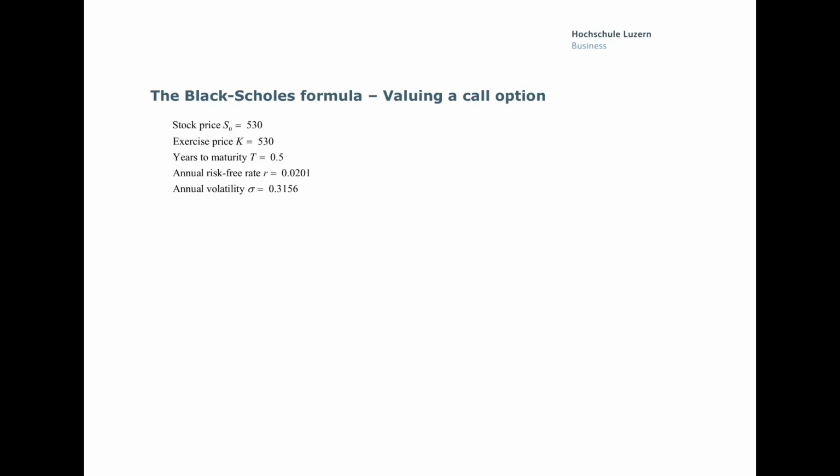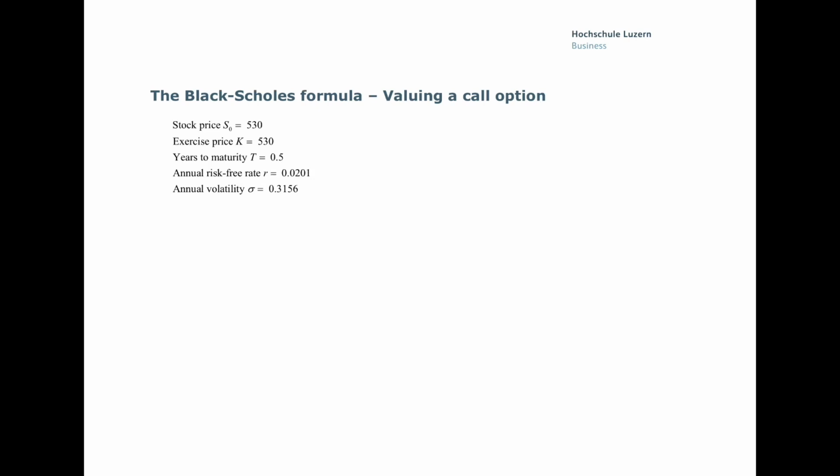Very often it is easier to understand a formula when we consider a specific example. For that purpose, let's assume the stock price and the exercise price are $530, which means the call option is at the money. Moreover, time to maturity is half a year, the annual risk-free rate R is 2.01%, and the volatility is 31.56%.